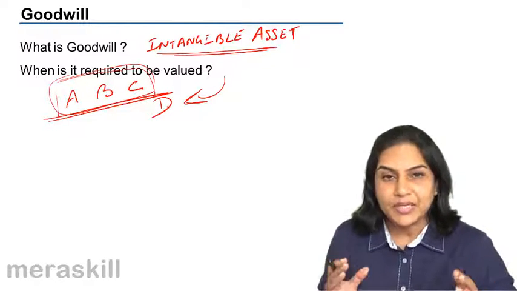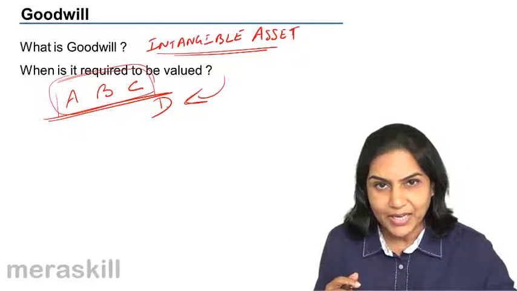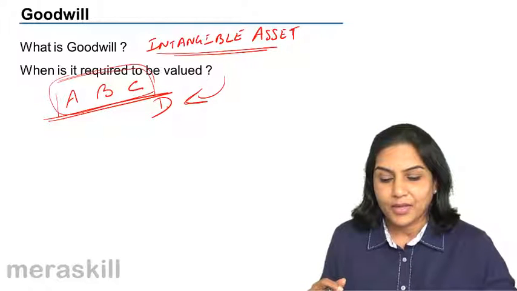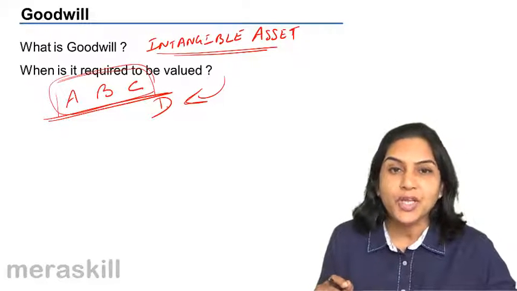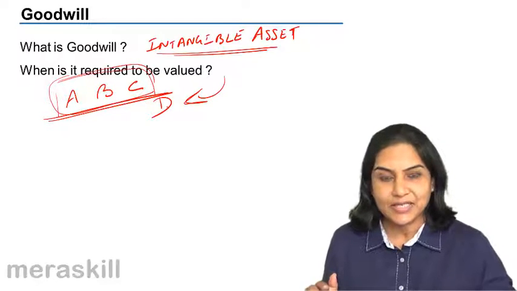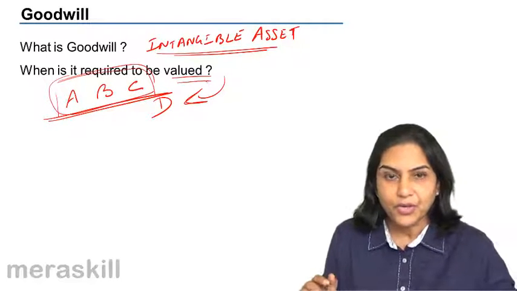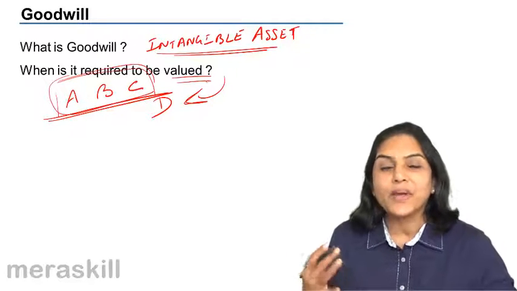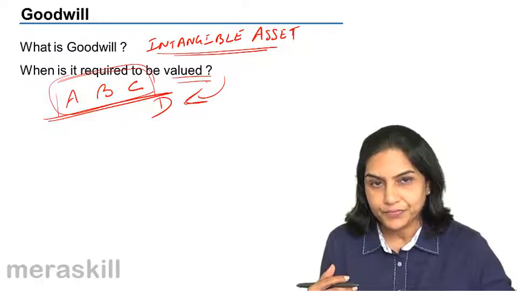Tomorrow if the business is to be liquidated, is to be sold, their capitals reflect a portion of the goodwill that they have helped to create over the last 20 years. So goodwill is generally required to be valued on admission, on retirement or death, or whenever there is a change in the profit sharing ratio.